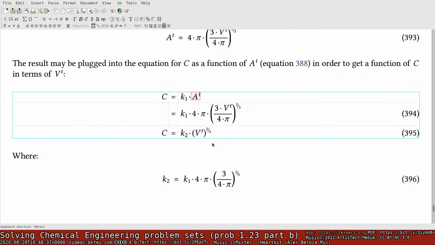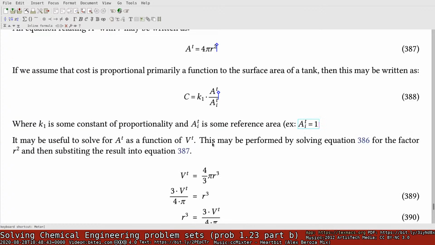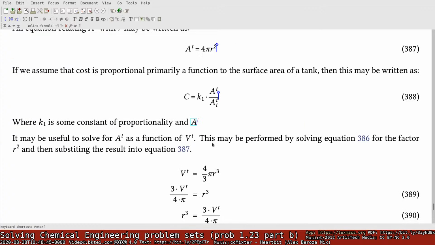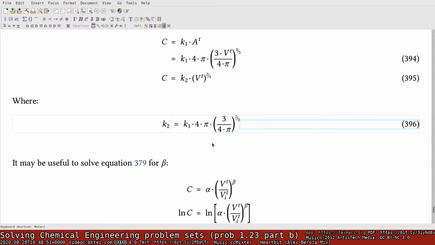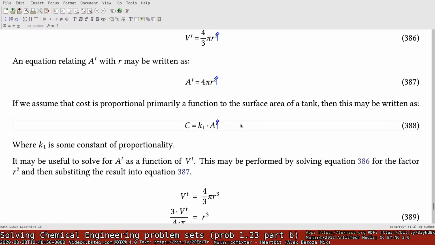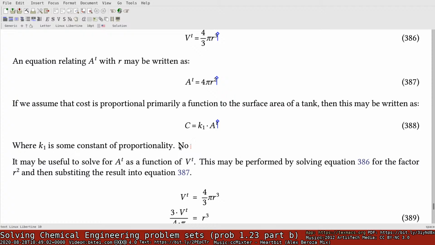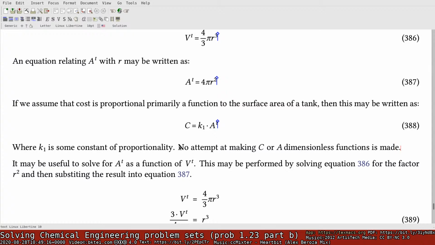This whole idea of, where are we? Okay, I think that's far back enough. No attempt at making dimensionless functions is made.